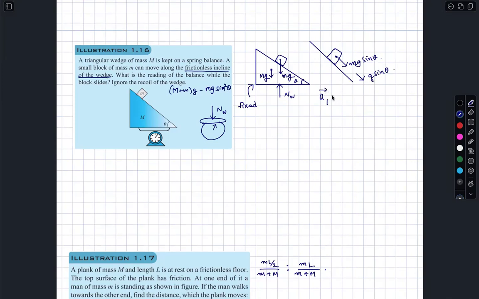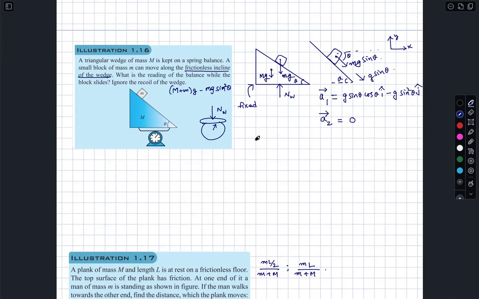Try to understand, this is x-axis, this is y-axis, and this is theta. So this is also theta. A1 bar is g sine theta cos theta I cap minus g sine square theta J cap. A2 bar, the wedge, has no acceleration.